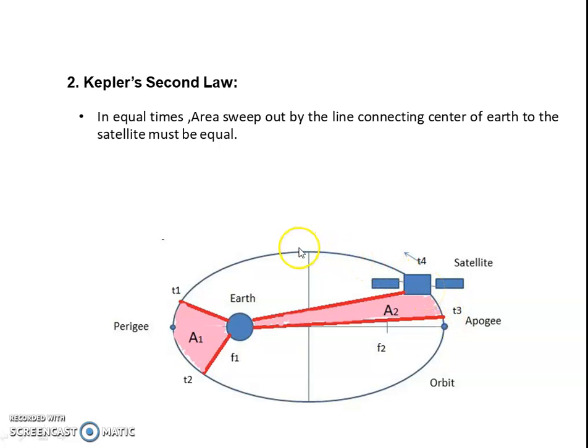As it comes closer to the Earth, its velocity increases, and the satellite will be at its maximum velocity at the point where it is nearest to the Earth. So as the distance of the satellite from the Earth increases, its velocity reduces, and as the satellite comes closer to the Earth, its velocity increases.